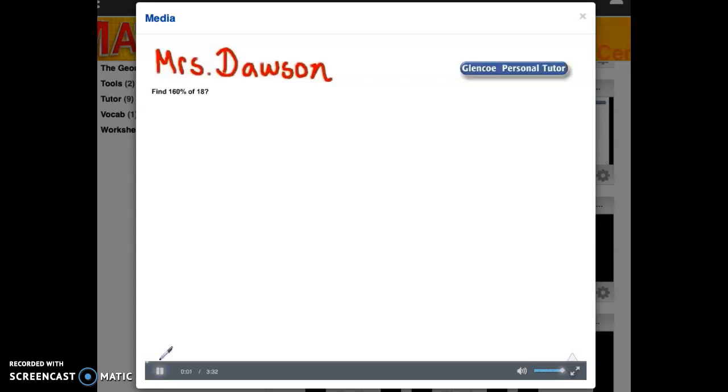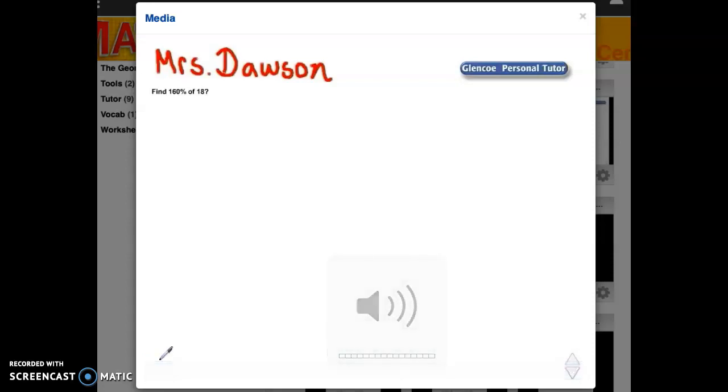This is Mrs. Dawson. Use percents greater than 100%. Find 160% of 18. We'll do this two ways, first working with fractions and then working with decimals.